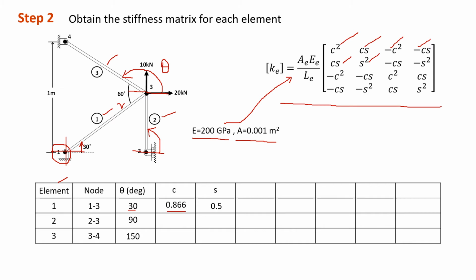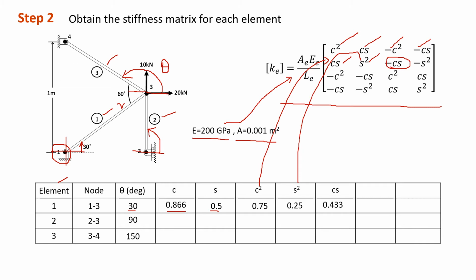Sin 30 degree is equal to 0.5. Next, we can define the c square that we need in this matrix, the s square that we again need in this matrix, and cos theta times sin theta, or cs, which we also need in this matrix.